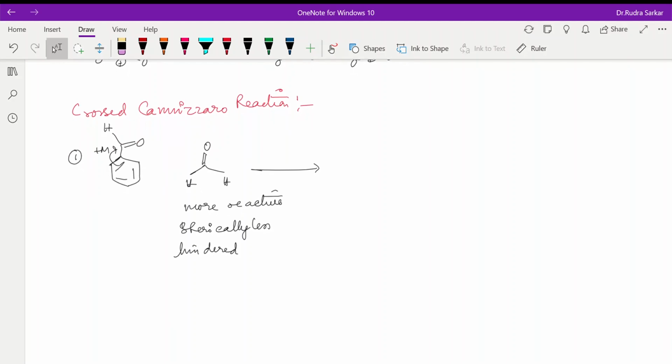Okay. So from the electronic point of view and also from the steric point of view, we know that formaldehyde is more reactive.